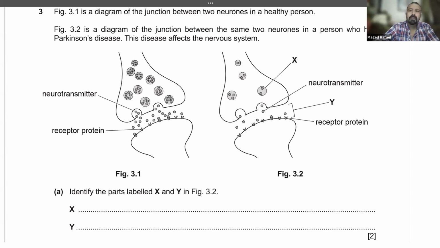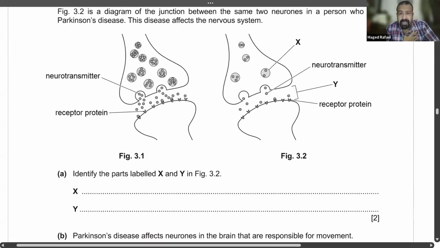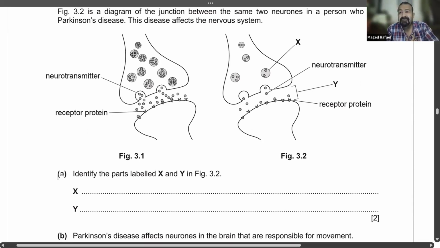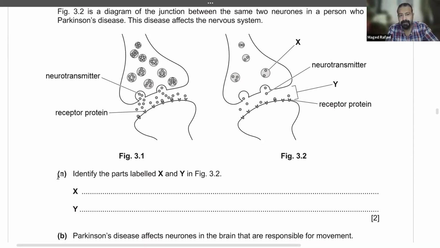So don't worry and don't panic. We did not take Parkinson's disease in our syllabus, but I told you several times you might find a disease or type of plant or type of animal in the exam you know nothing about, but it will never affect your answer. Please focus on the diagram. Please focus on the drawing in order to get the answer properly.